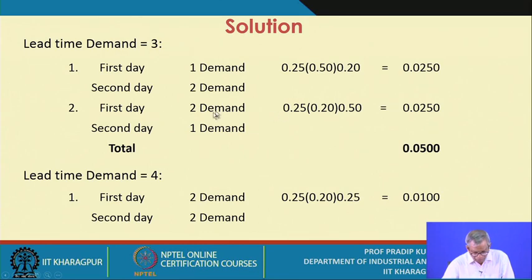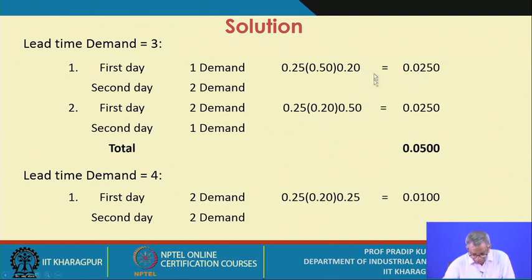And similarly, on the first day there will be a demand for 2 units, corresponding probability 0.20, and on the second day a demand of 1 unit, so that probability is 0.50.